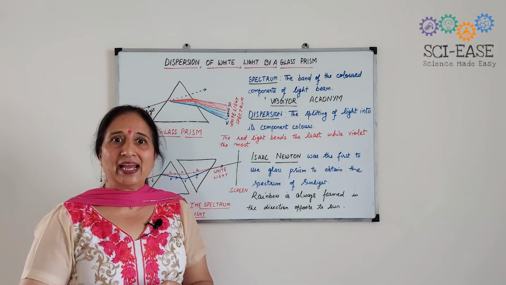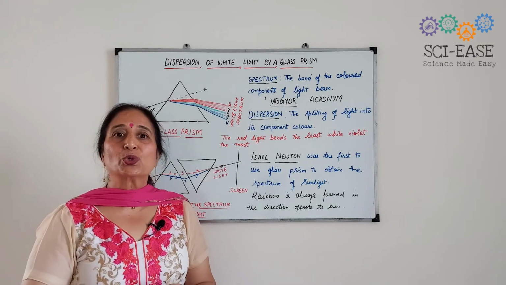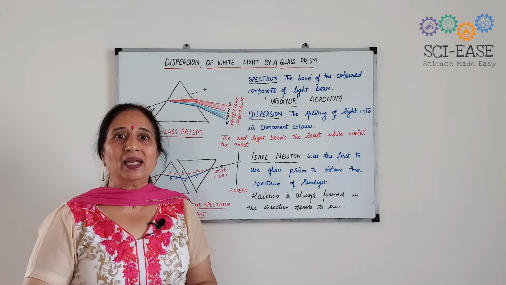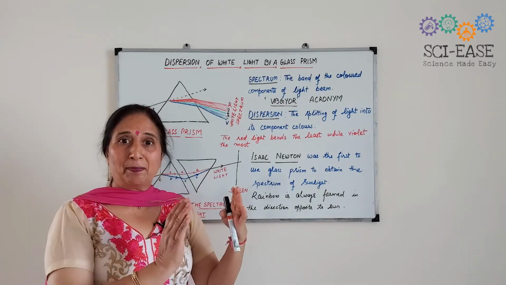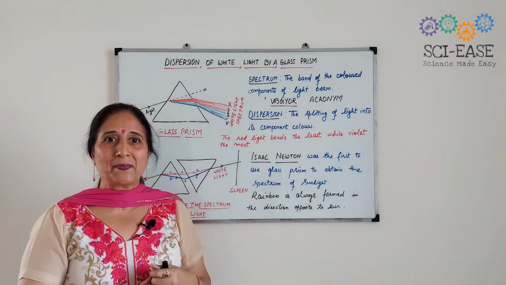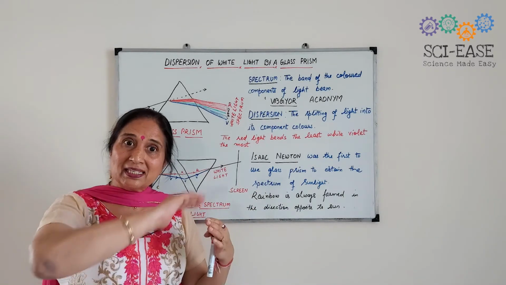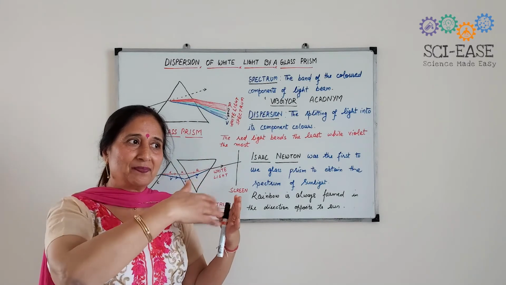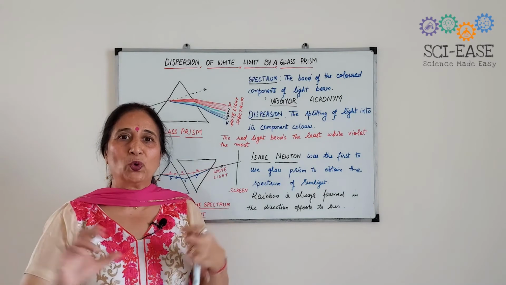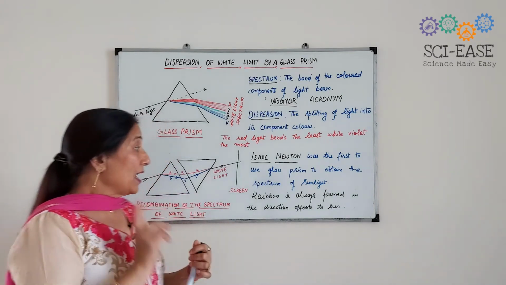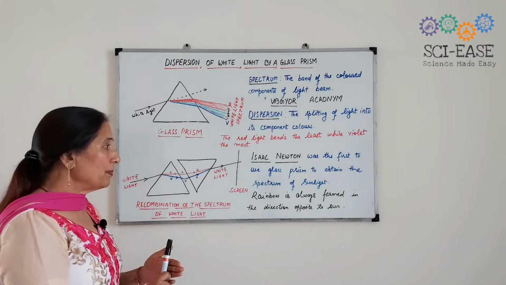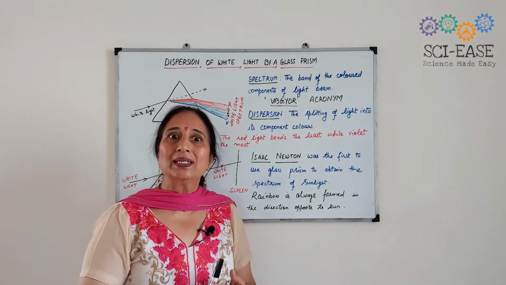When the sunlight passes through the water drop, it splits up into different colors. We can see the different colors merged with each other and we see the rainbow. And one thing I want to tell you, a rainbow is always formed in the direction opposite to the sun.